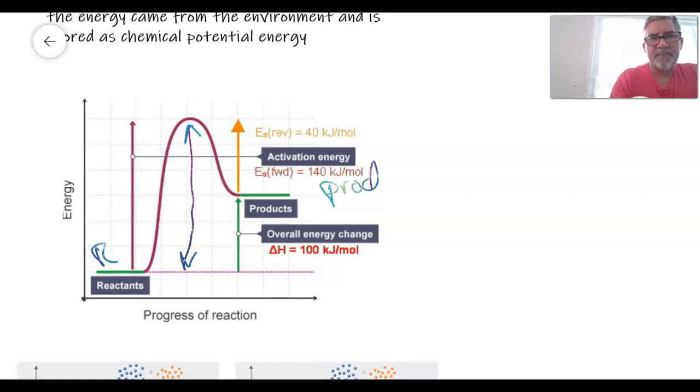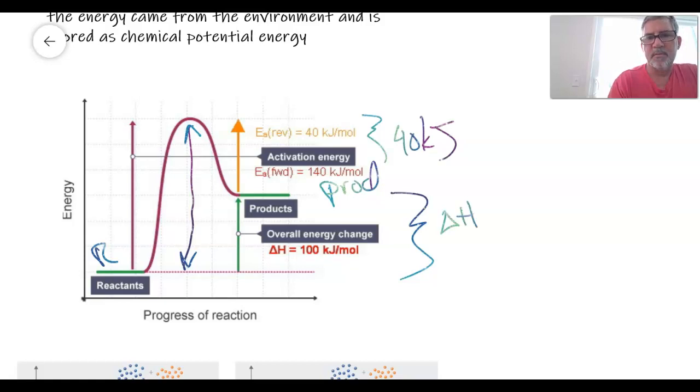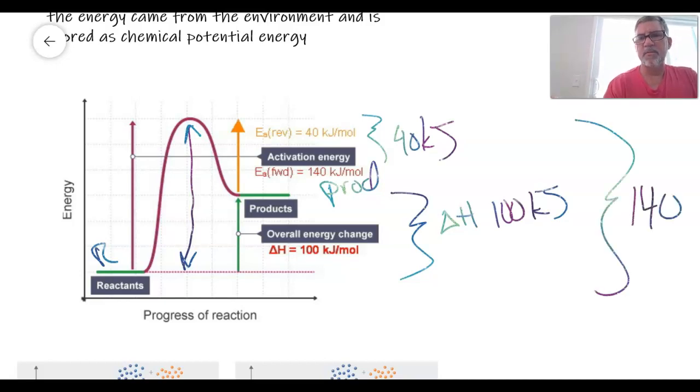So my E sub A is 40 kilojoules. And my overall change, my delta H, is 100 kilojoules. Together these are 140, it says there.